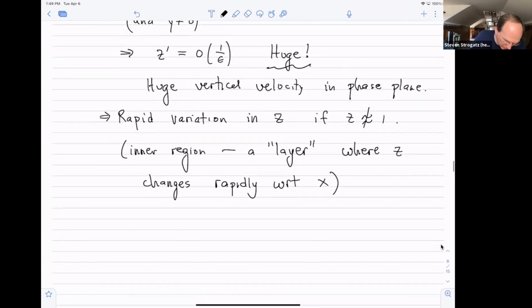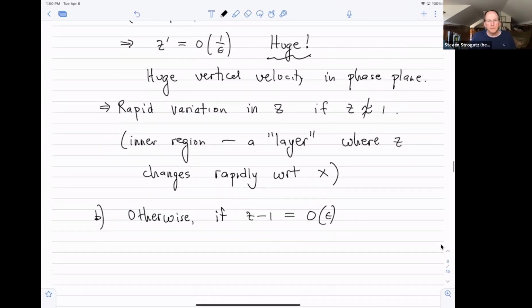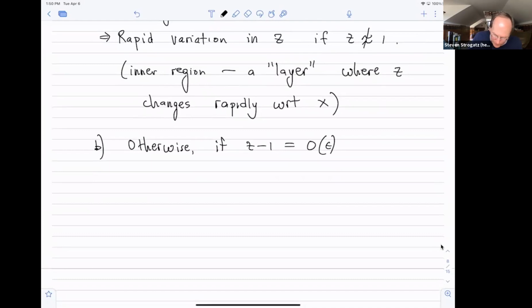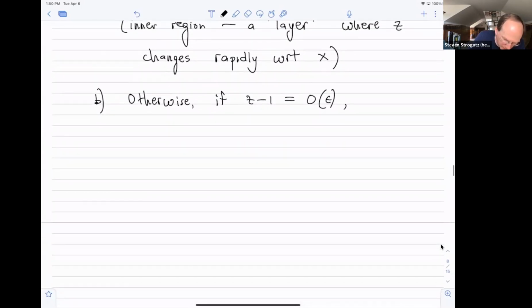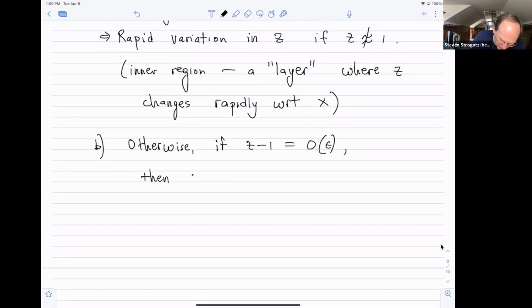So the other possibility, though, is that if you're very close to Z equals 1, namely, if Z minus 1 is just order epsilon, then something different is happening, because if you look at the equation, Z prime, which was epsilon y times, wait, did I do that wrong?